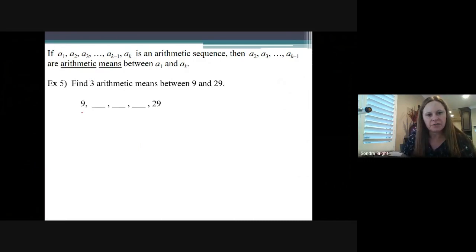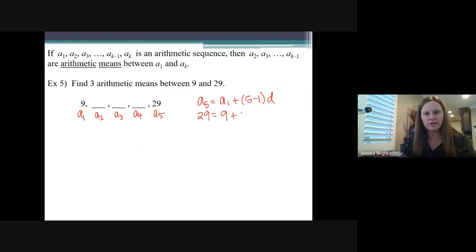This is your first term, second term, third term, fourth term, fifth term. Well, that means that the fifth term is equal to the first term plus 5 minus 1 differences. The fifth term was 29 and 9 was the first term.